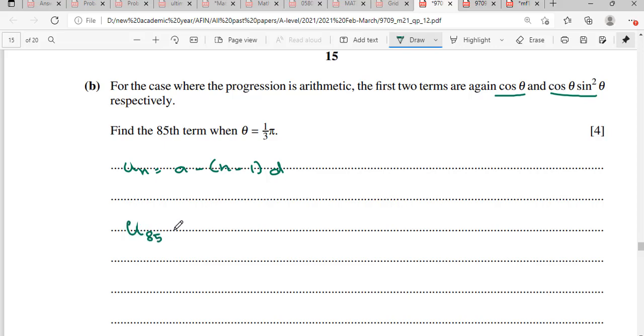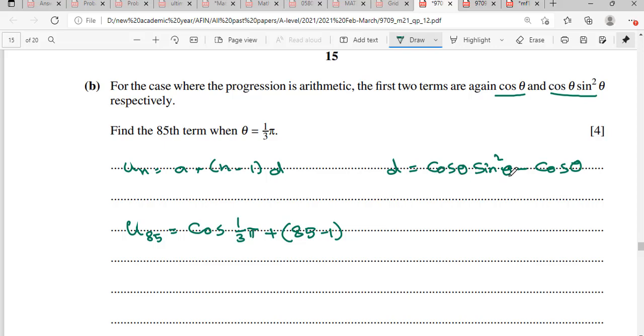Let's see what's missing. a equals cosine theta, and theta is 1 over 3 pi, so it's going to be cosine 1 over 3 pi plus n is 85 minus 1. D we don't know. Let's find D. D is equal to the second term minus the first term: cosine theta sine squared theta minus cosine theta.